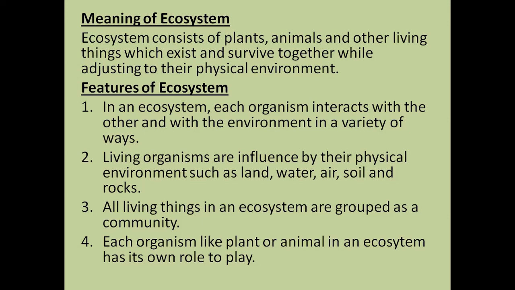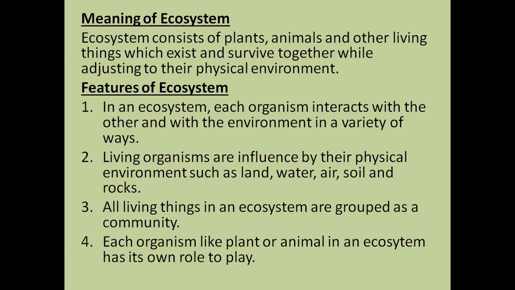And there is a type of organism which falls under both the categories. They are called omnivores, which eat both plants and animals. That is human beings. We eat both vegetables and meat, isn't it? So there is a kind of food chain that we can see here.